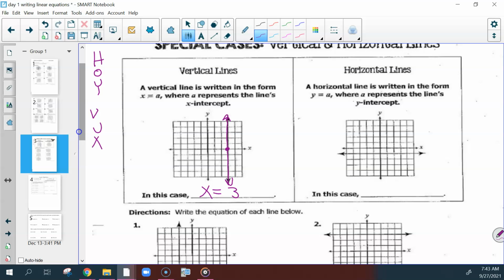And if it is a horizontal line, it has 0 slope, so we're looking for where that line is. This y value is at -1, so this line will be y equals -1. So whether writing or graphing these, the hardest part about this is remembering which is which.